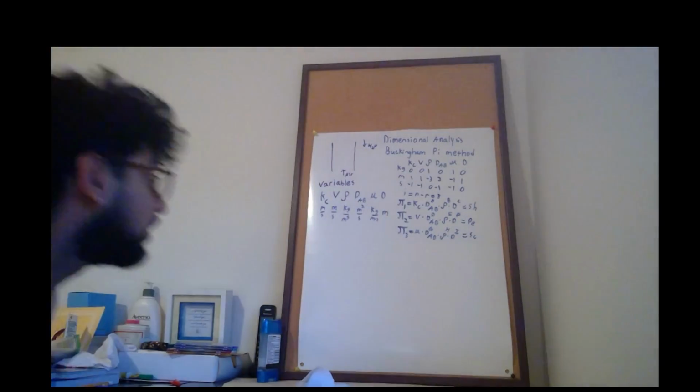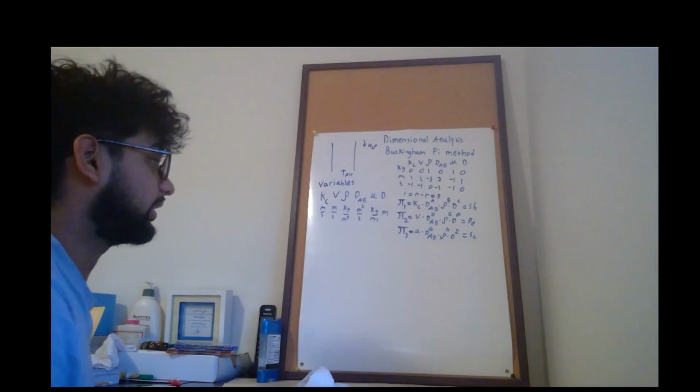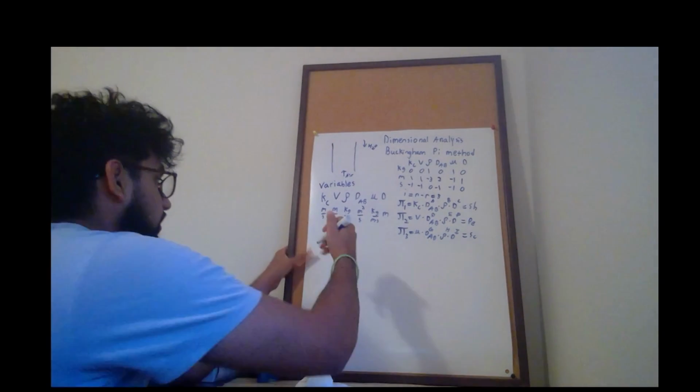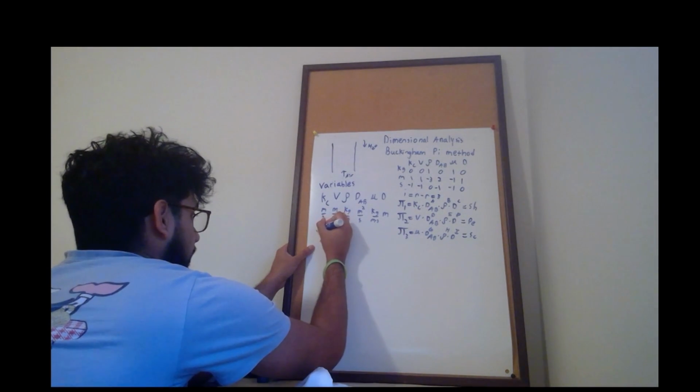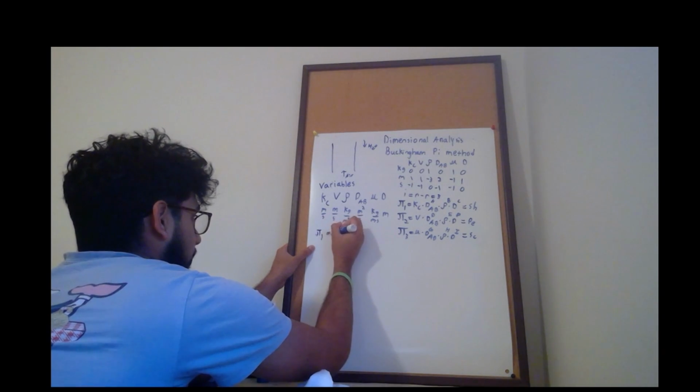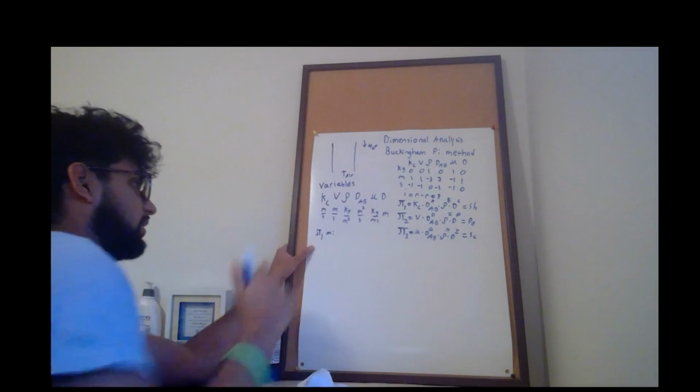So to solve for the unknown exponents, we're going to make a system of equations. So for the first pi group, we're going to go by the different base units.